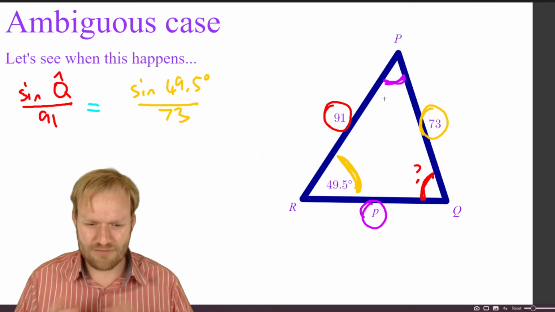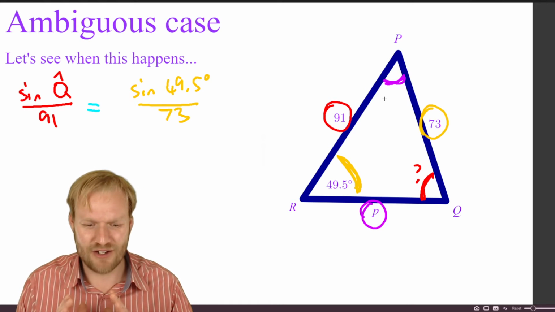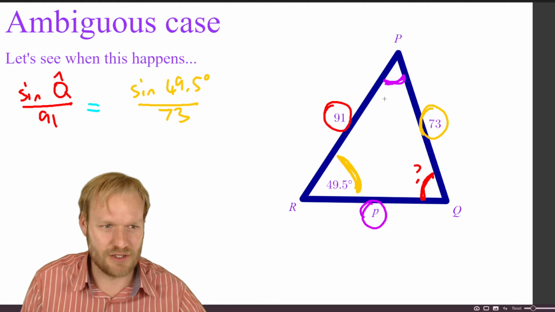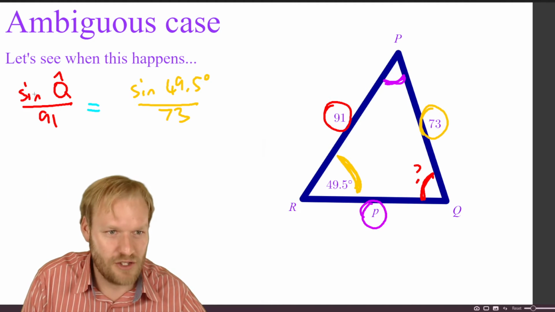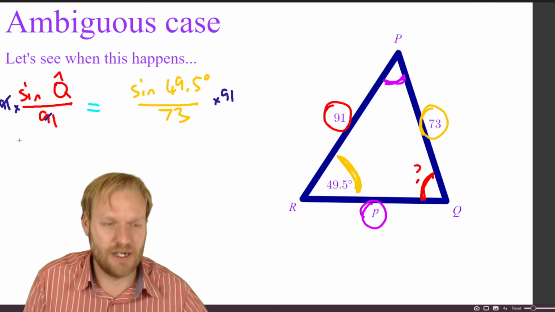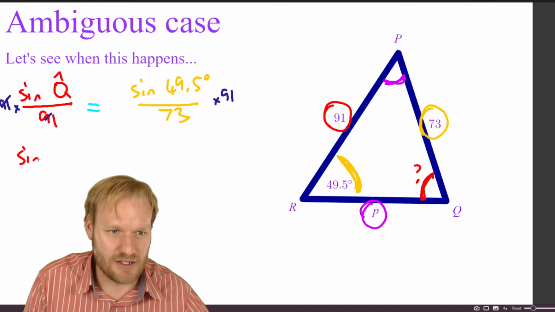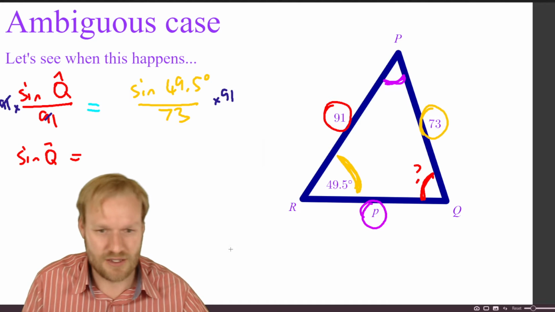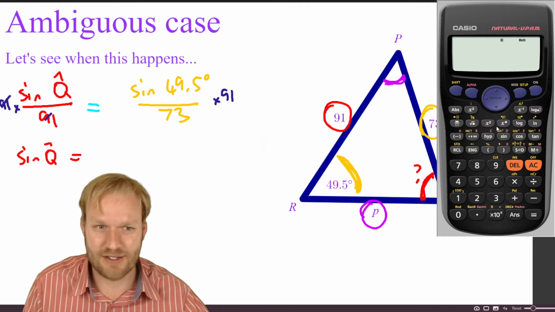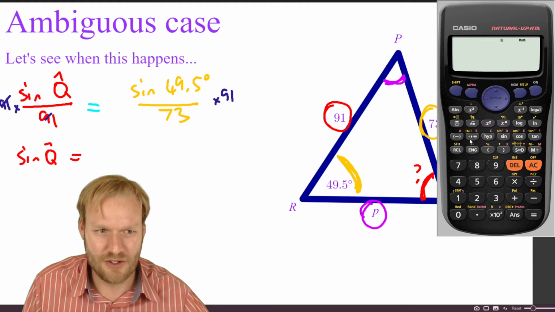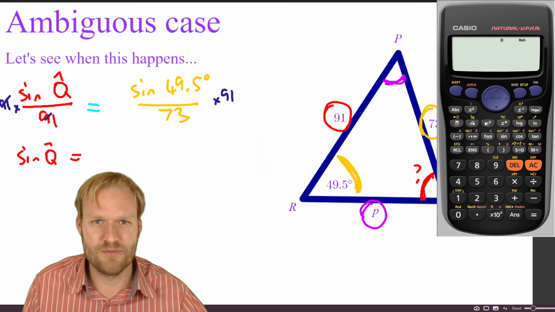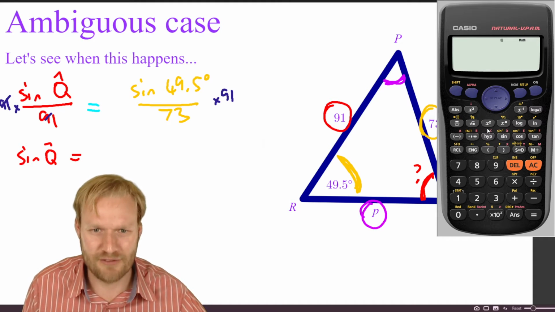Okay, so we've paused and seen that. We've got something now and we can find out what Q is. If we multiply each side of our equation by 91, we'll get the sine of Q. Pull up the calculator and let's see if we get the same thing.